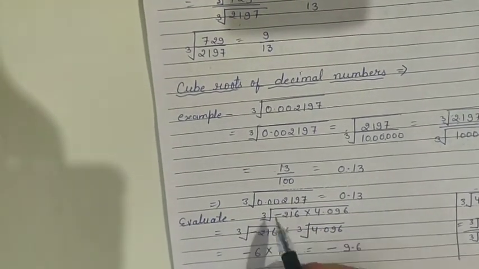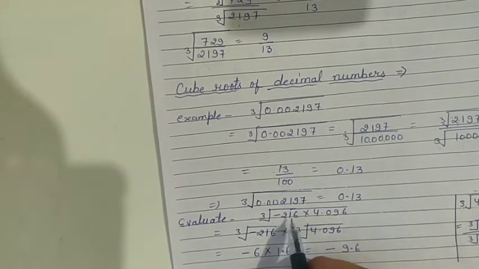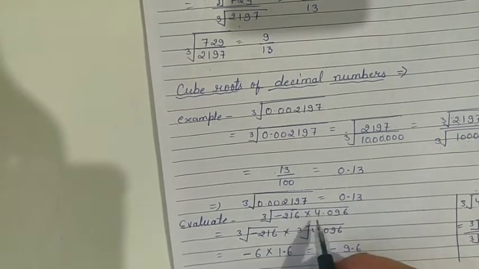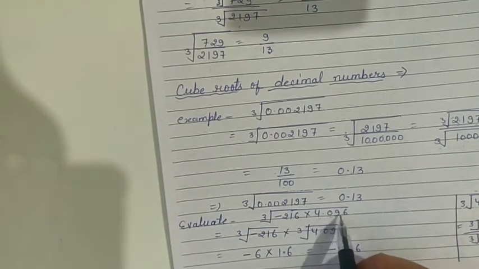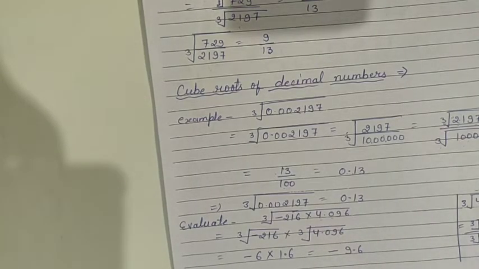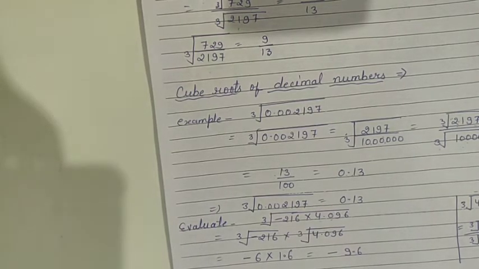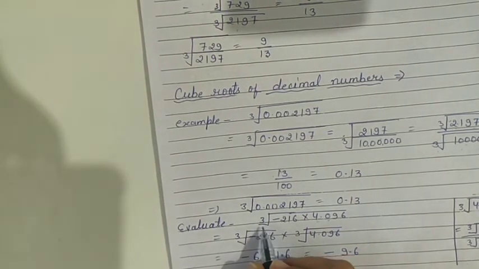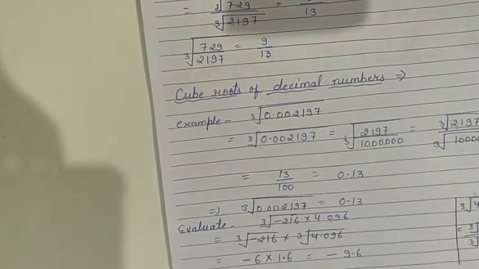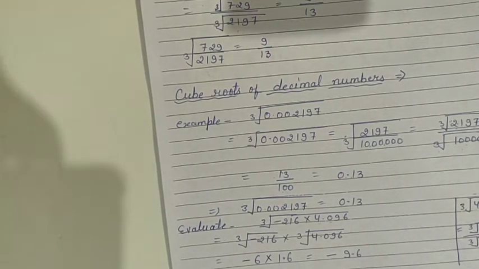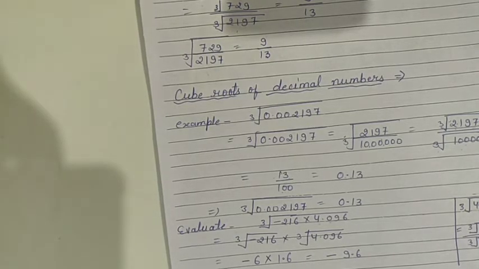Now we have to find cube root of minus 216 into 4.096. Okay students, this is a negative number, and we know that cube root of a negative number is also a negative number. This is in the form of cube root of x into y. So cube root of x into y equals cube root of x into cube root of y.